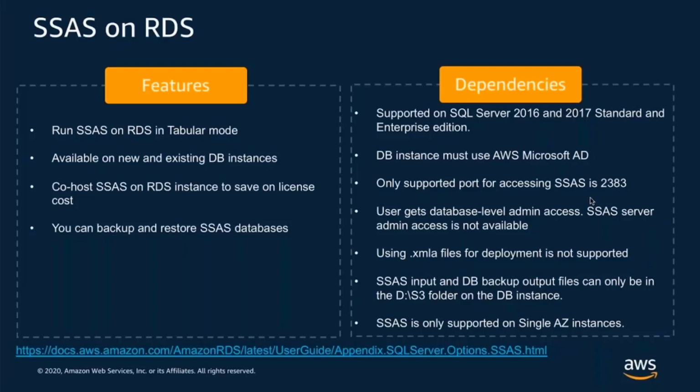It can only be accessed on port 2383, so configure your security groups to allow the traffic for that port. It is currently supported only in single AZ instances. For more details, you can refer to the link below regarding the dependencies and features.